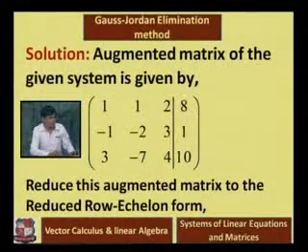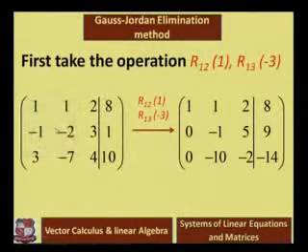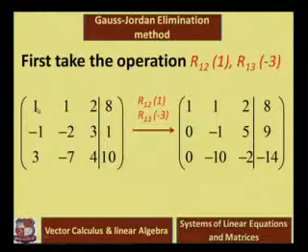For that, observe the given augmented matrix: in the top row, the first entry is 1, and that is called the leading one. Because of the condition of row echelon form or reduced row echelon form, the entry below that leading one must be 0.